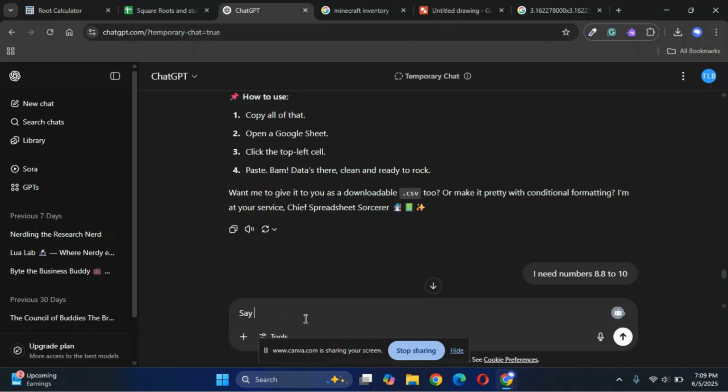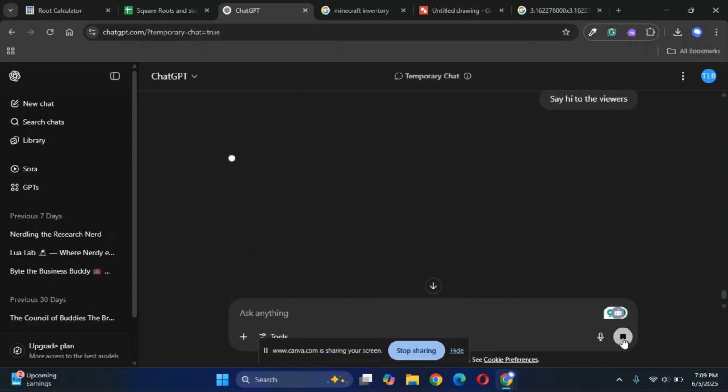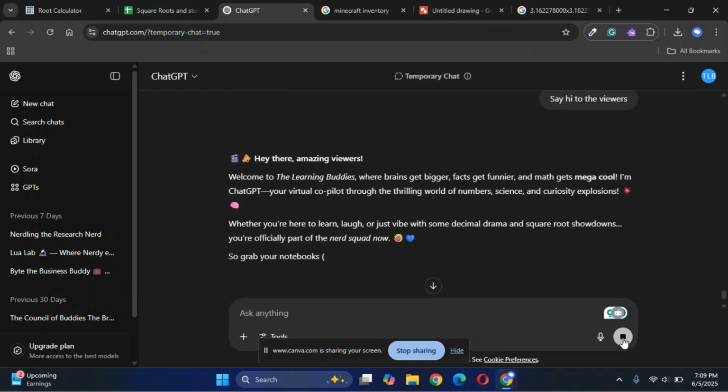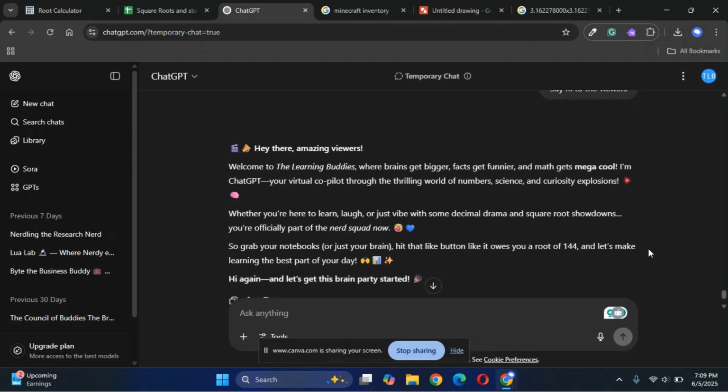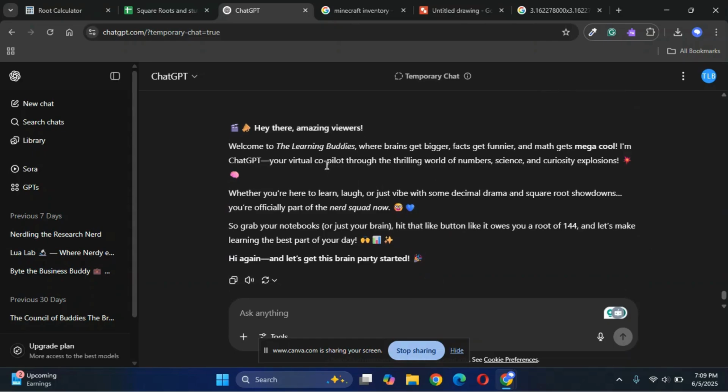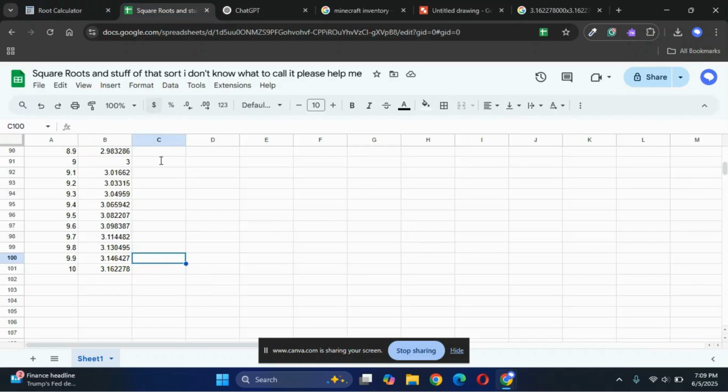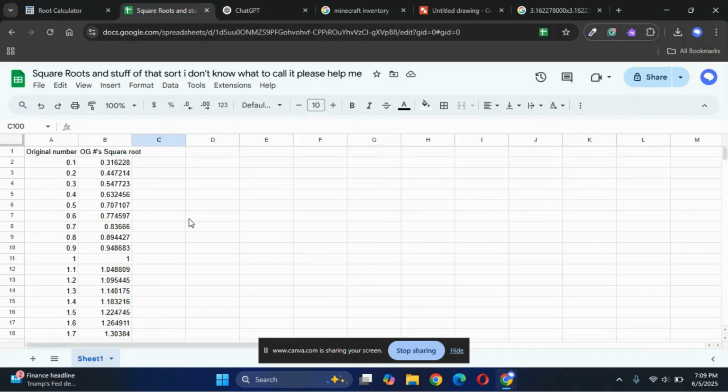Say hi to the Copilot's different. Yeah, that's all I wanted to show you. We'll get to the pattern in a sec.